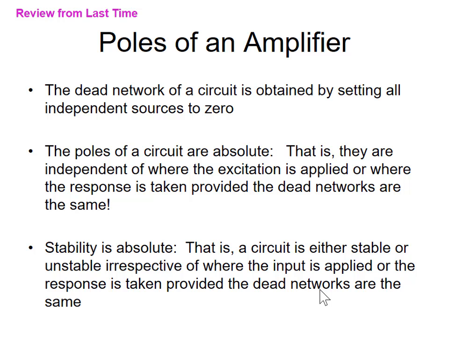Divided by the determinant of the matrix, of the indefinite matrix Y. Y11 through Y1n, Yn1 through Ynn. Okay? So the voltage Vk for any node is the ratio of two determinants.